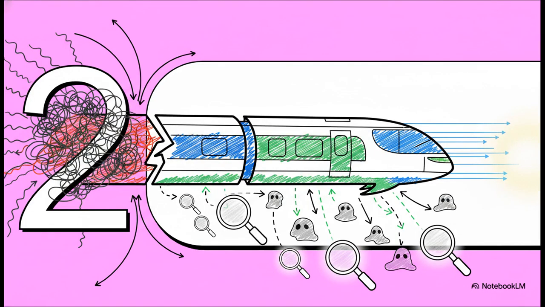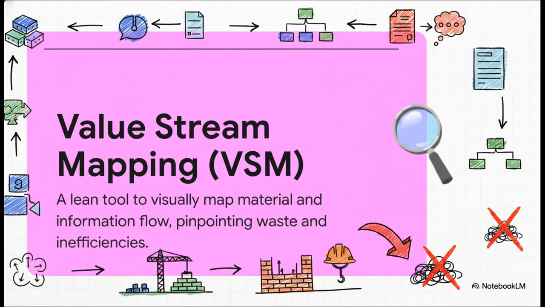Okay, moving on to Section 2, unpacking value stream mapping, our vehicle for change. So, how do we cross that bridge from the chaotic current state to a highly efficient, streamlined future? Enter value stream mapping. VSM is a lean management tool, and what it does is visually represent the flow, not just of materials, but crucially of the information needed to bring a project from conception all the way to delivery.